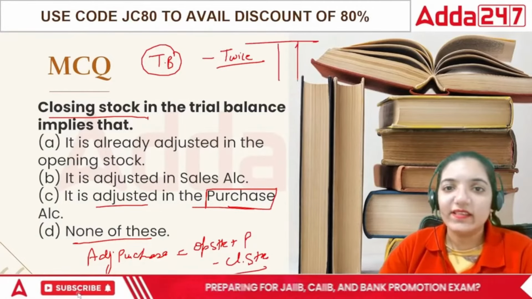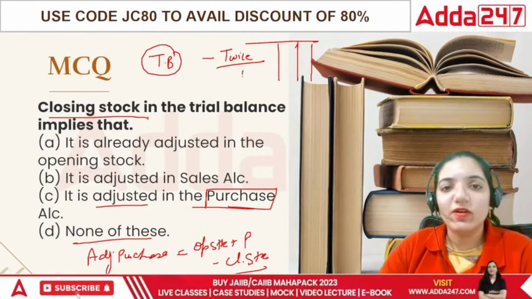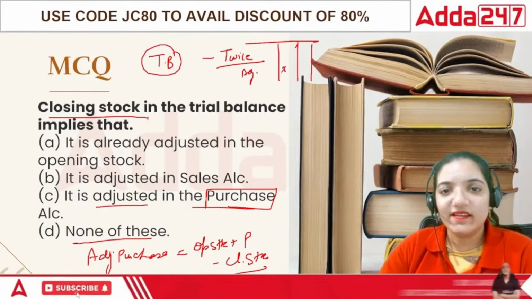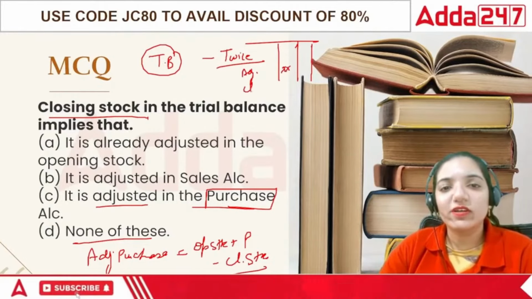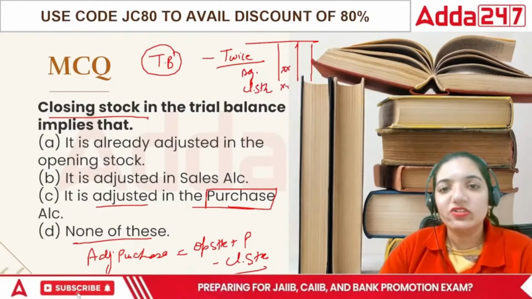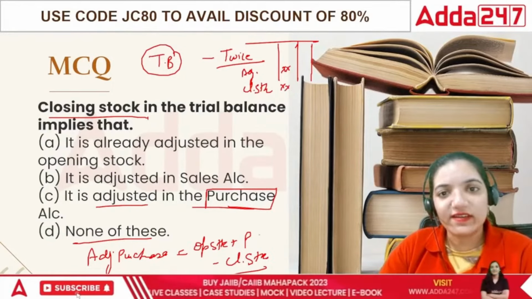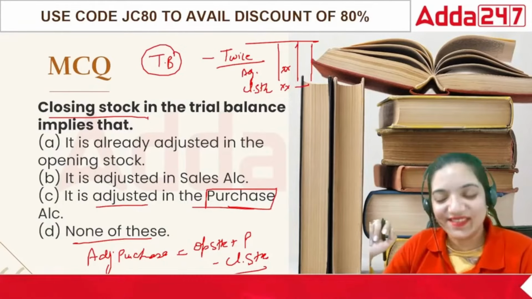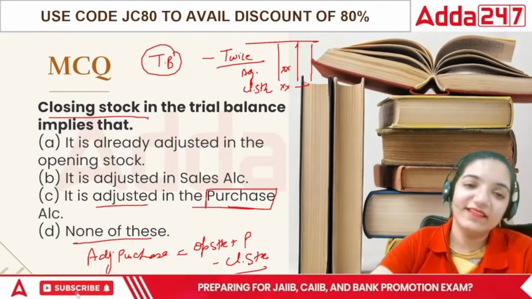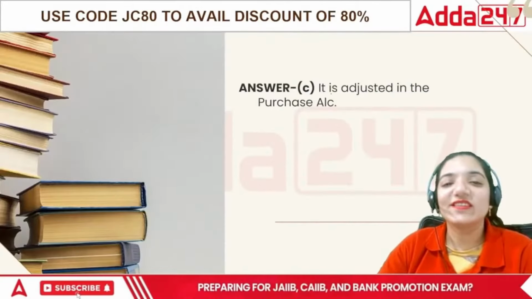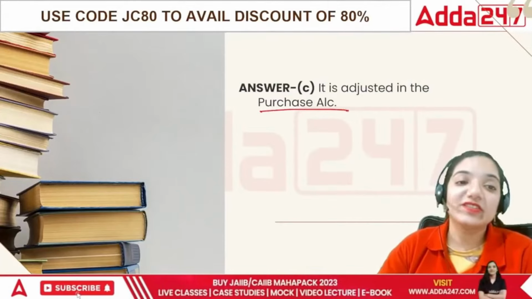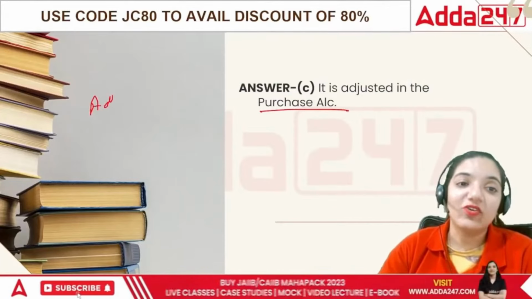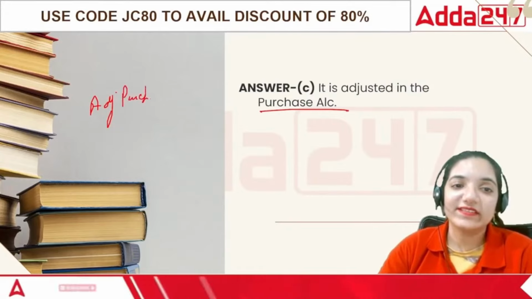In the trial balance we will show adjusted purchases here and we will show the closing stock here. So one time the closing stock is deducted and one time it is added. So the ultimate effect will be 0. Adjusted in the purchases, and such purchases in which it is adjusted is called adjusted purchases.